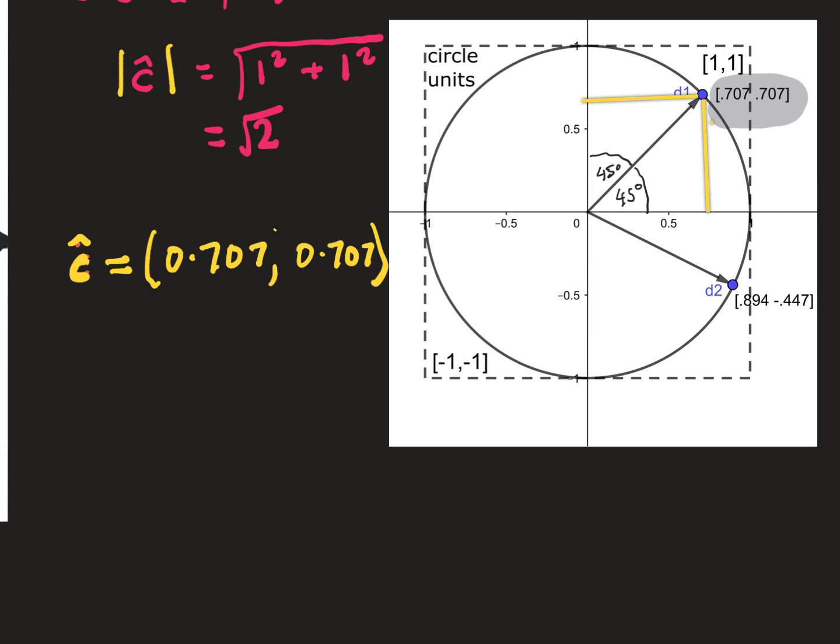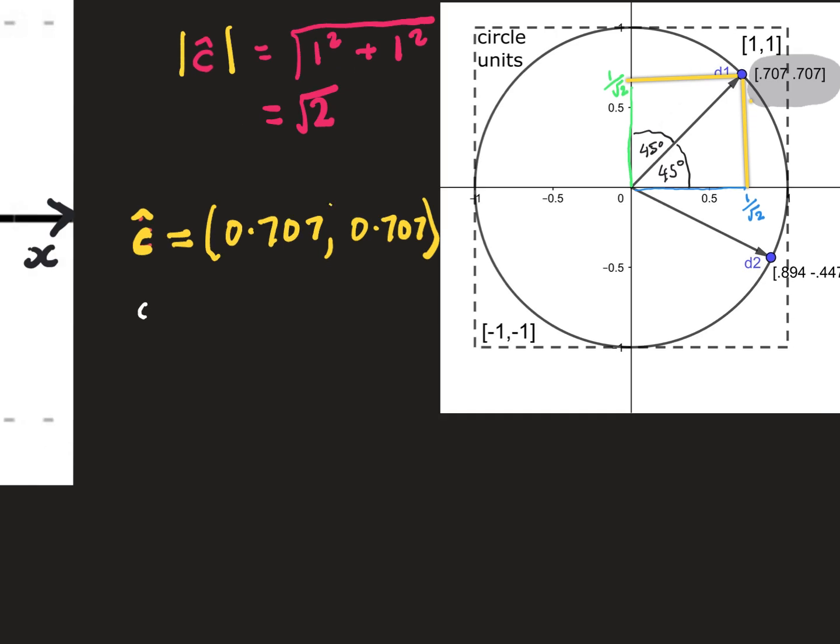And so from our trigonometric values, we know that this side is going to be 1 over root 2, and this side here is also going to be 1 over root 2. And so our new unit vector C is really (1 over root 2, 1 over root 2).